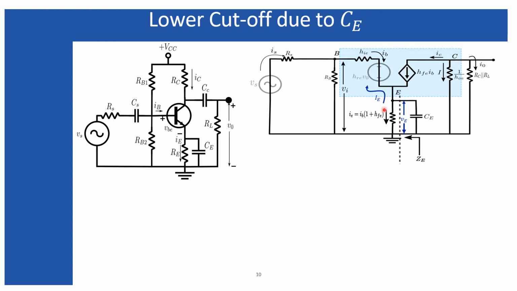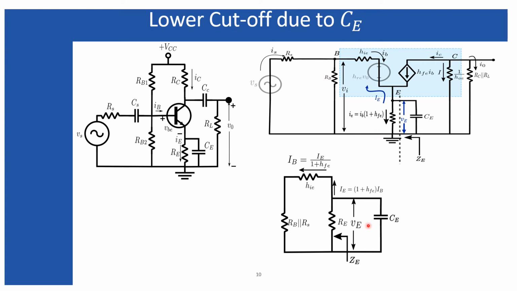So this IE current, which is being produced due to the application of some external voltage source VE, cannot pass through this collector. It can only pass through this base terminal. So the equivalent circuit I can draw in this way.